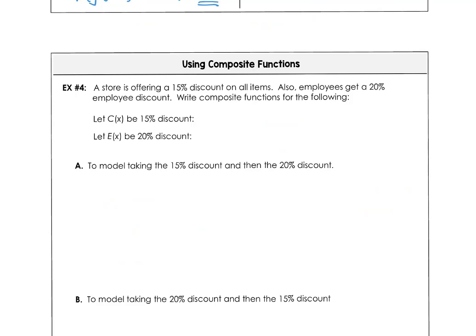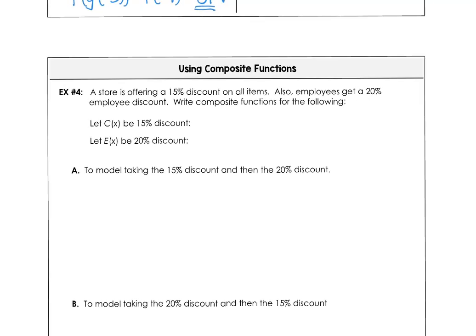In example 4, we're looking at a practical application. If a store is offering a 15% discount on all items and employees get a 20% employee discount, we want to write composition functions for the following. We're going to call C of X the 15% discount.